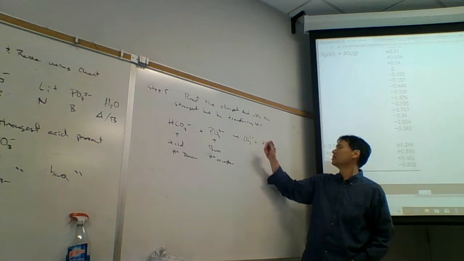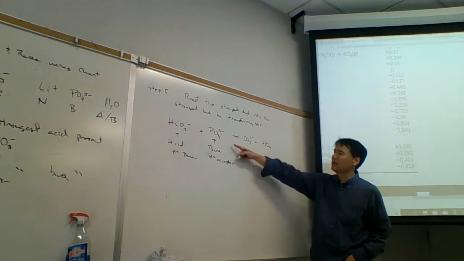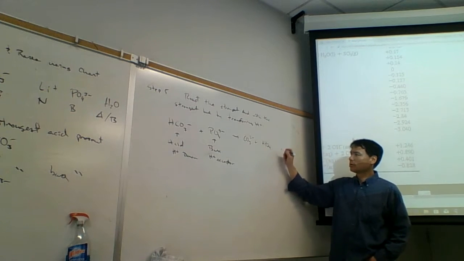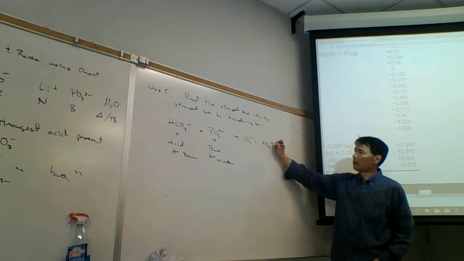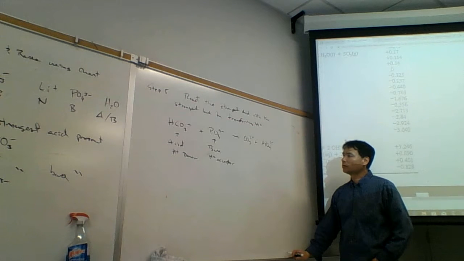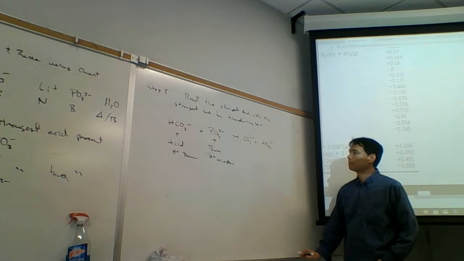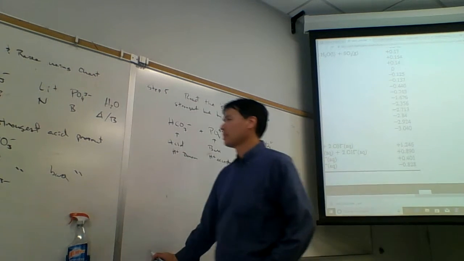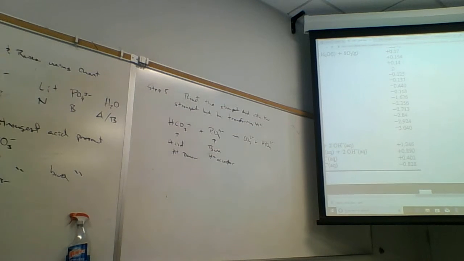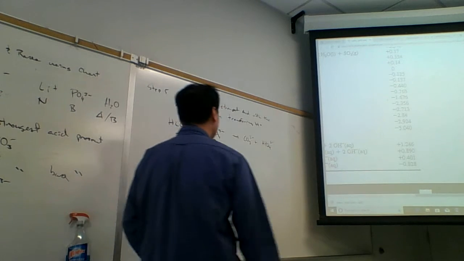Should be 2 minus. And then if phosphate gains an H plus, what's its new charge? Yeah, 2 minus. These are the potential products. These are the most probable products.